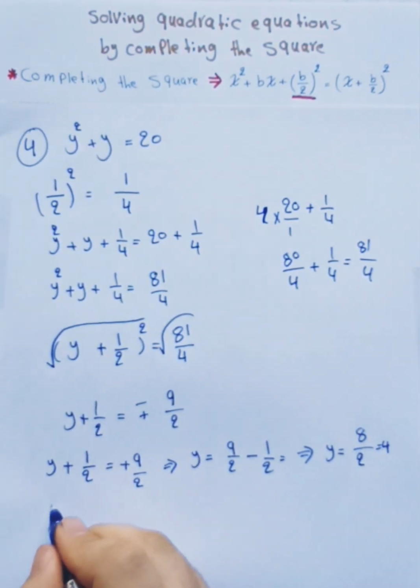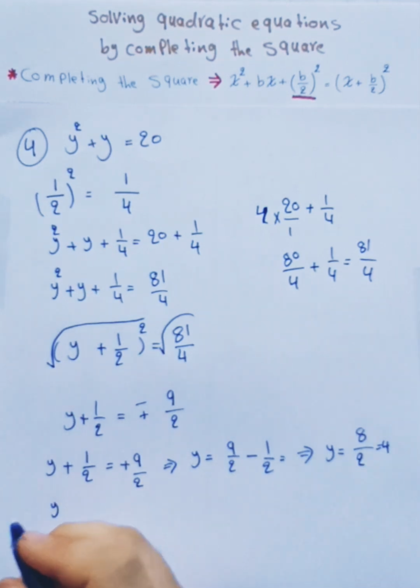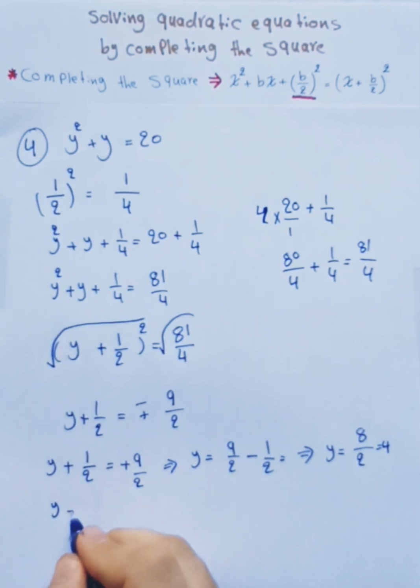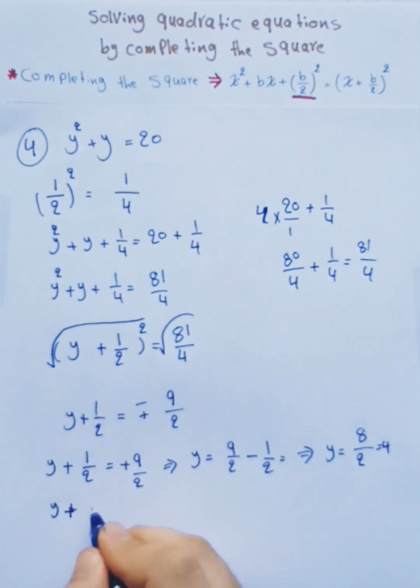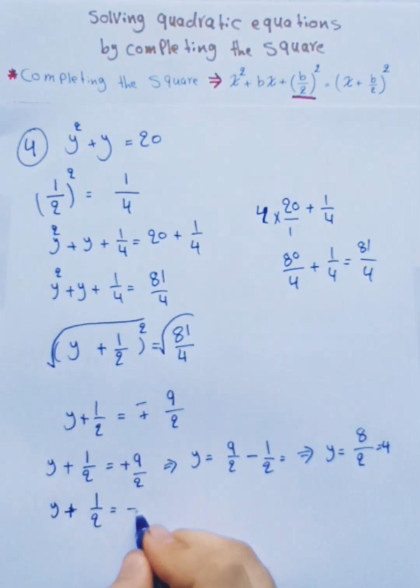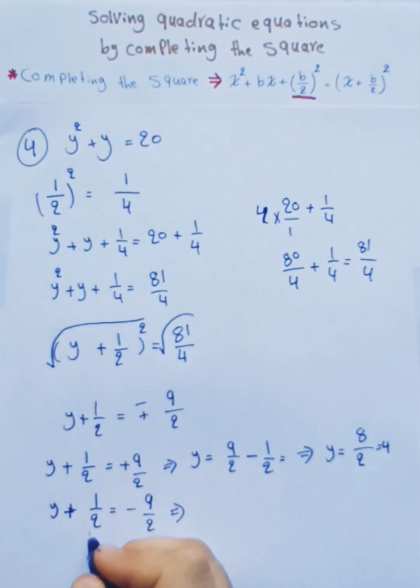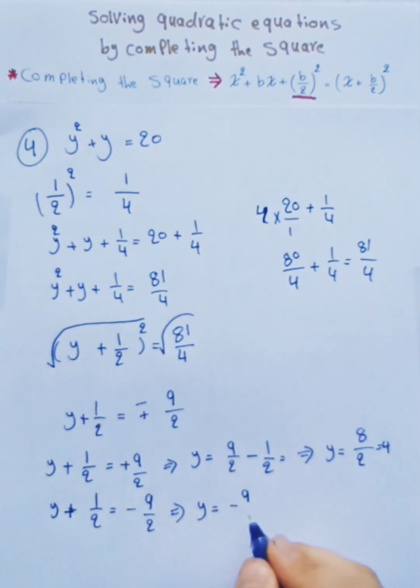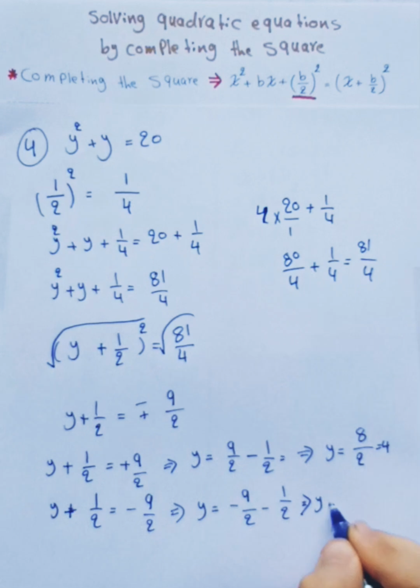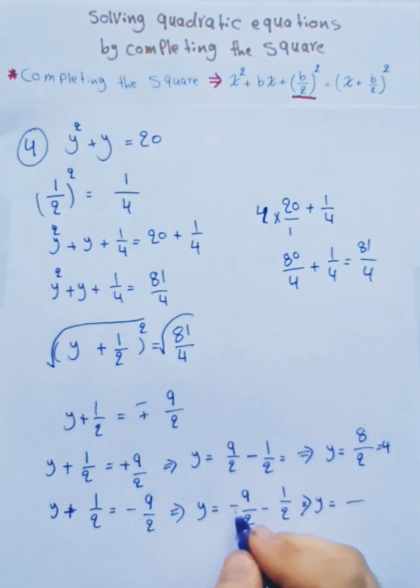Or y plus 1 out of 2 equal to negative 9 out of 2. You have to change the place of positive 1 out of 2 to the right side, and it becomes negative 1 out of 2. So y equal to negative 9 out of 2 minus 1 out of 2. Minus times minus is plus.